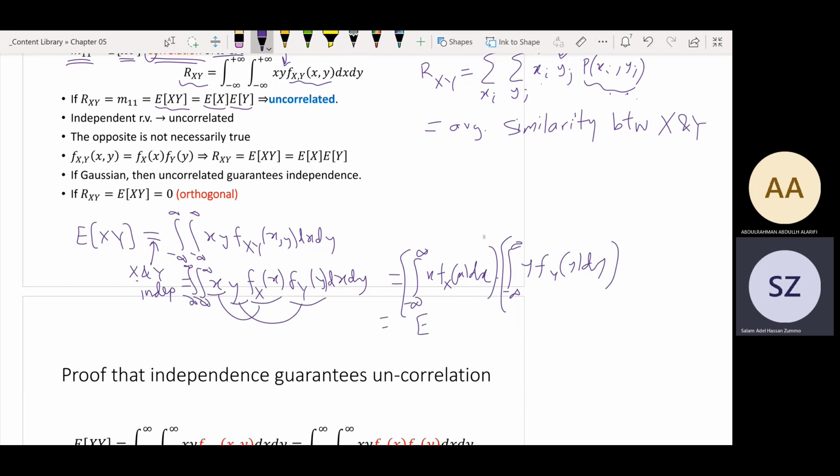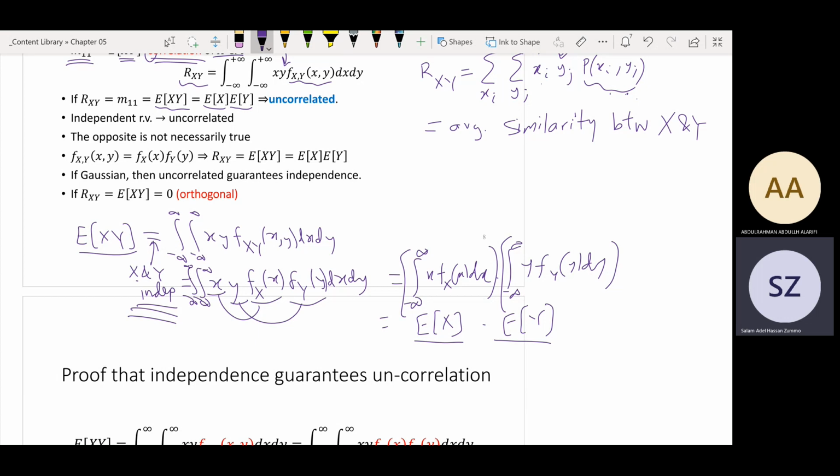The average, expected value of x. And this is the expected value of y. So if the two random variables are independent, expected value of xy equals expected value of x multiplied by expected value of y. I can decouple it.